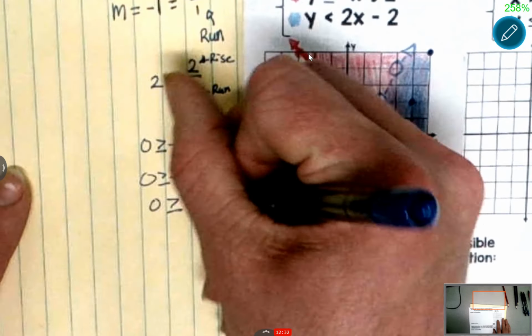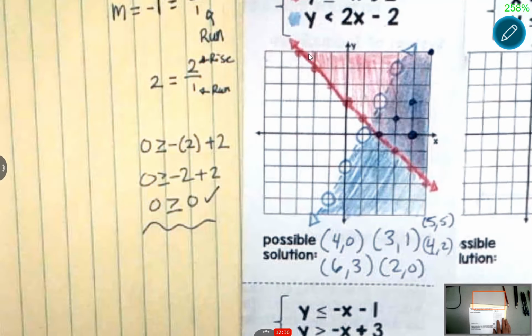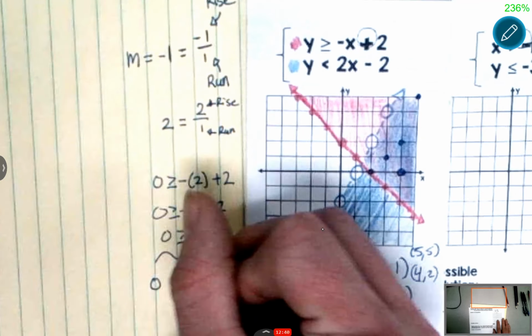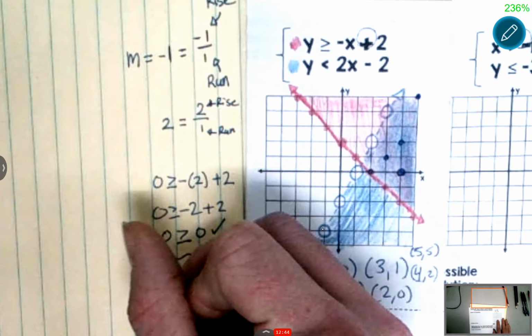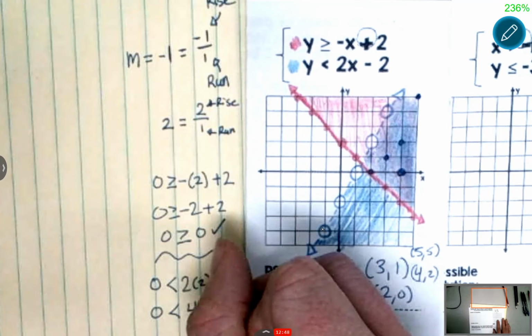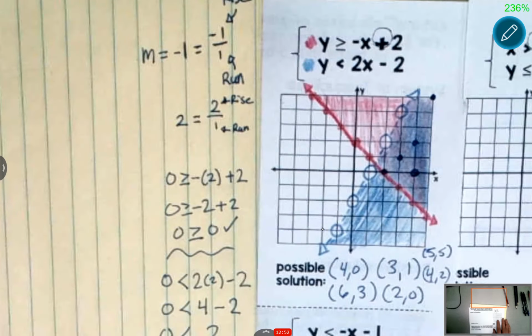Yes. So that is a valid solution for this inequality. Let's do the other inequality. Y is 0. X is 2. 2 times 2 is 4. 4 minus 2 is 2. Is 0 less than 2?